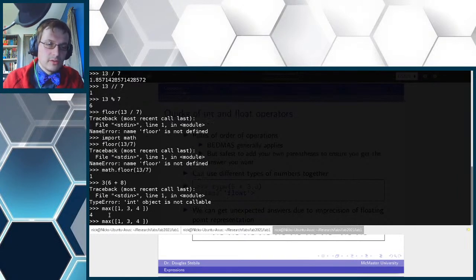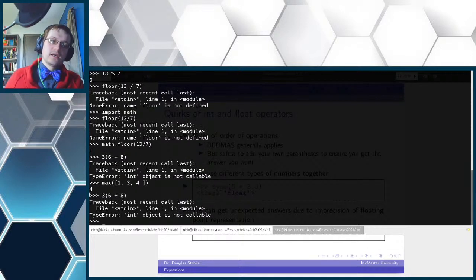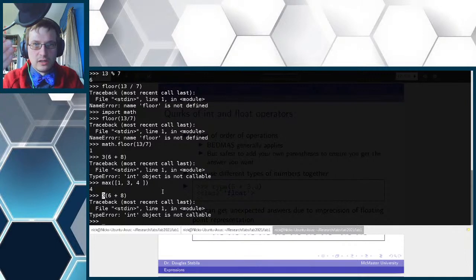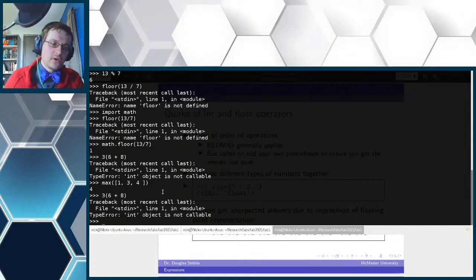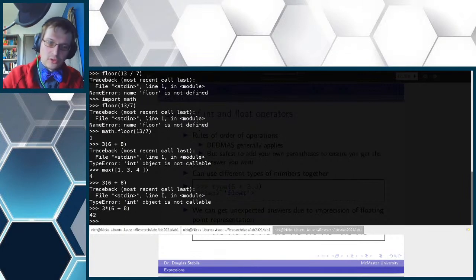When you do this, you're using the 3 as if it were a function call. So it's going to interpret it as a function call, despite the fact that you didn't intend that to be the case. So if you want to perform that type of operation, you must include the multiplication operator explicitly.